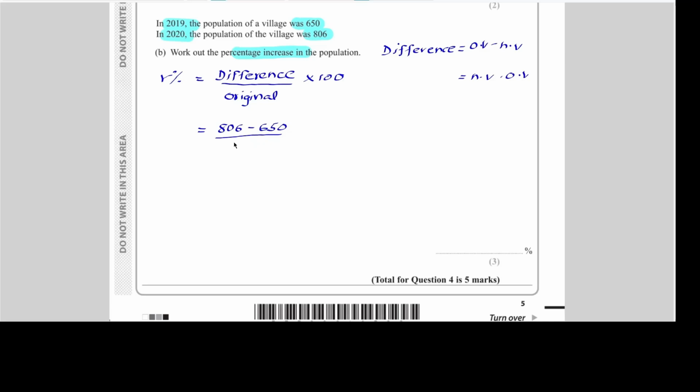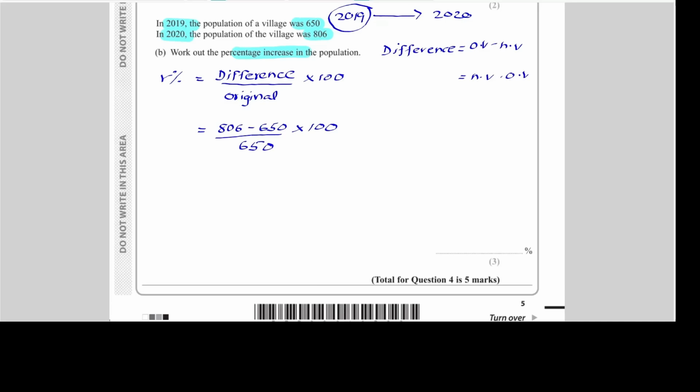Remember, the original one is always the previous one. We get 2019 first, then 2020. Therefore, 2019 stays as the original one. So 2019, there was 650 population, into 100. Now use the calculator. That's it.